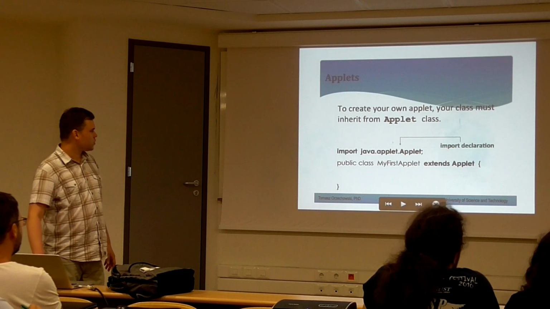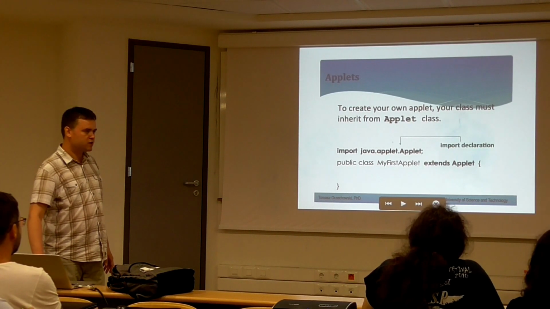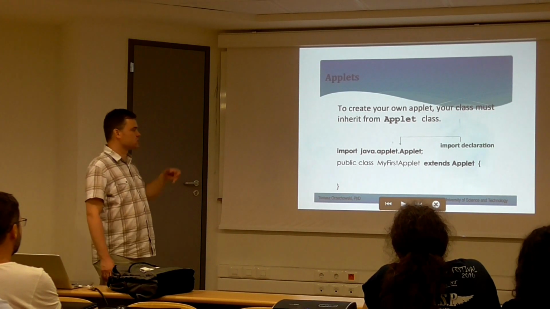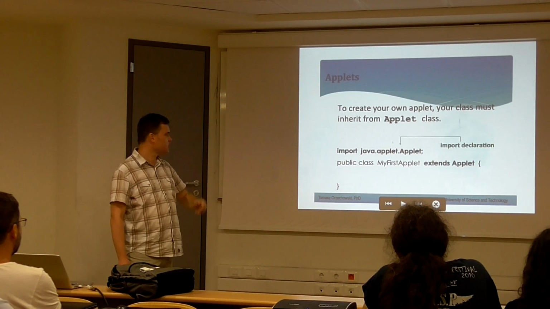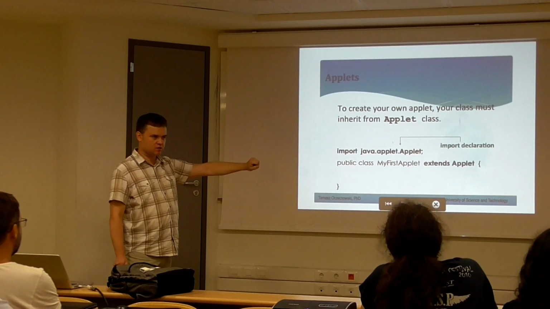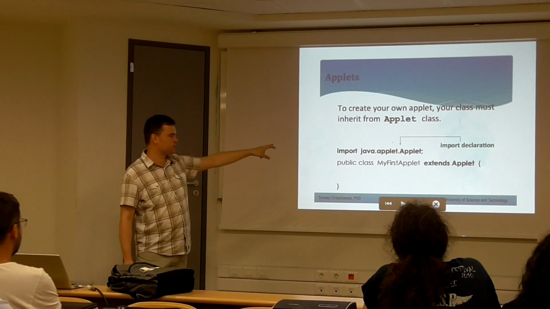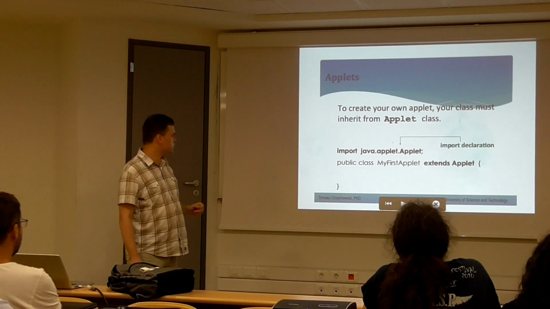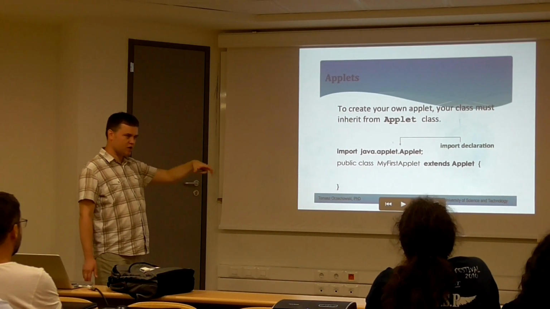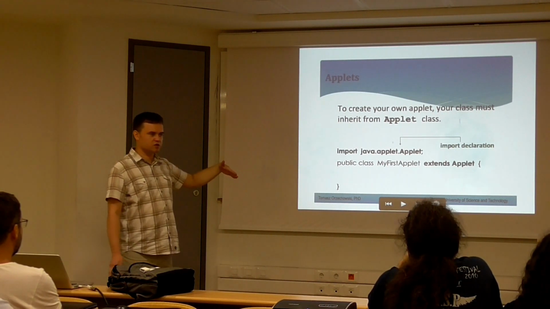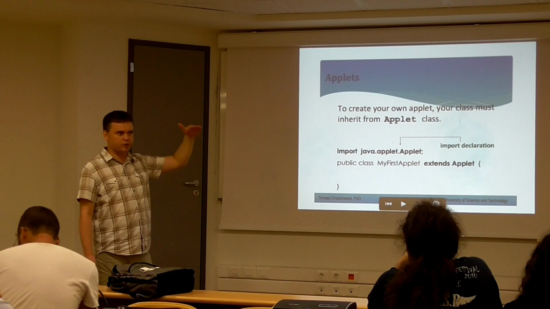Okay, so the most important thing is that when we want to create an applet, we have to extend, inherit from, the Applet class. The Applet class is stored in the java.applet package. So now we will see that classes are stored in packages. Organization of packages means just folders or directories.